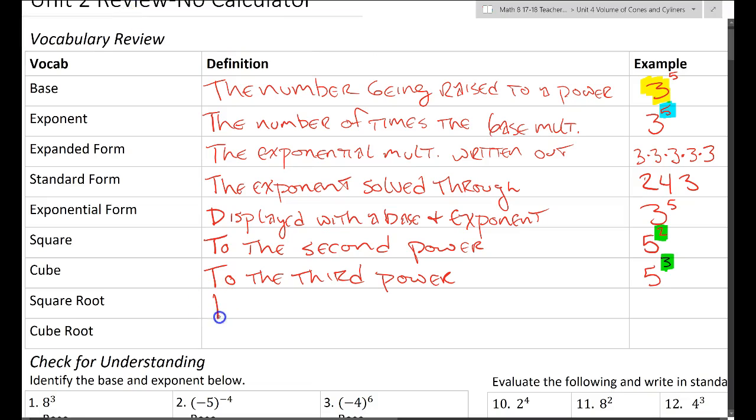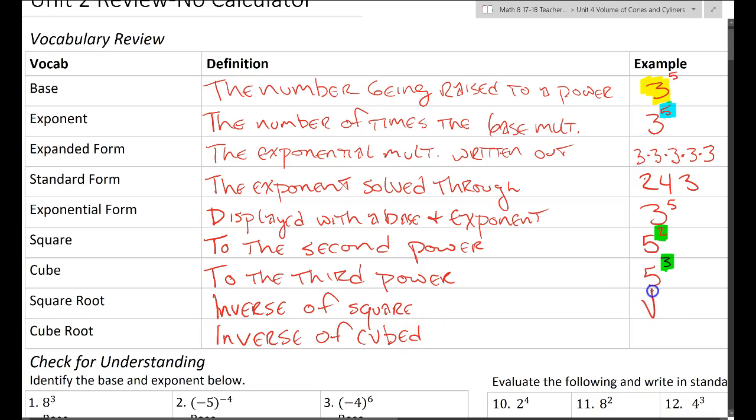Square root is the inverse of square, and the cube root, as you hopefully saw, is the inverse of cubed.